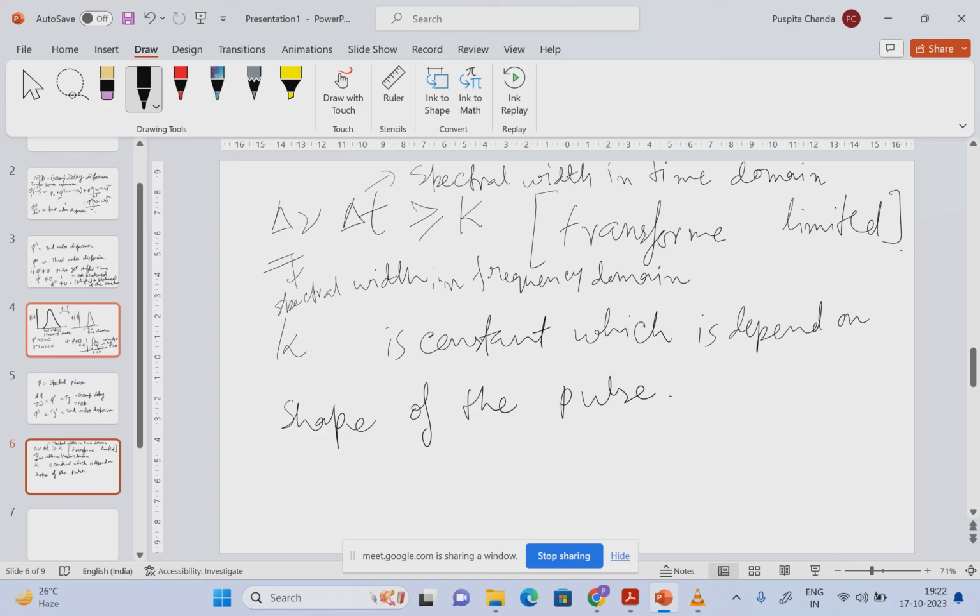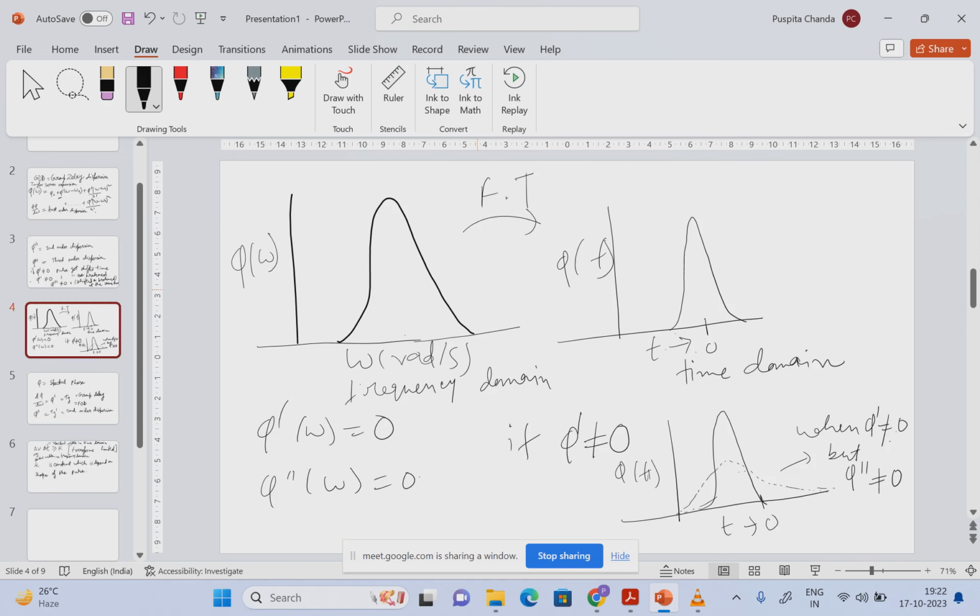But I will mention that when phi double dash is not equal to 0, the pulse is stretched.